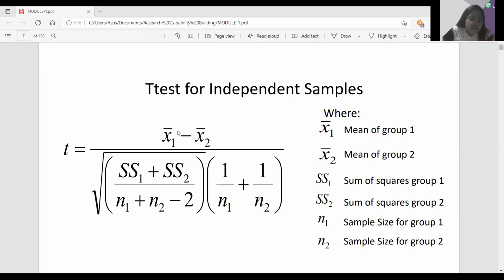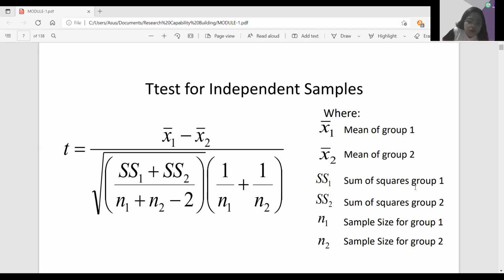Okay? So ito again, yung ating formula, x1 minus x2. x1 is the mean of the group 1. Diba? Kung may babae at saka may lalaki. And then, babae ito, for example, ang x1, x2 itong sa lalaki. We have to get the mean first. And then, divided by the square root of the SS1, the sum of squares ng group 1.